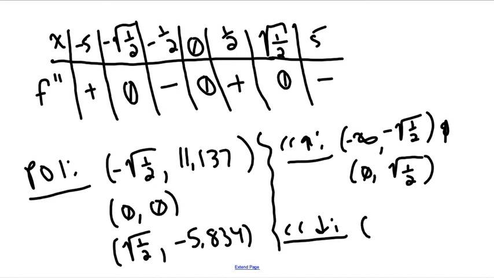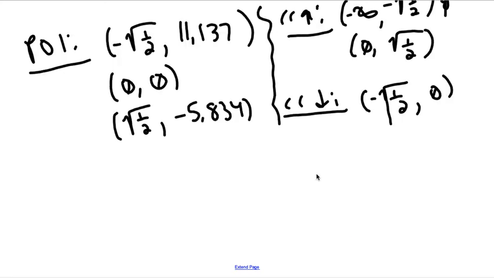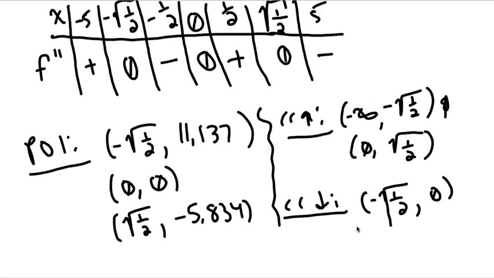So negative square root of 1/2 up to 0, and then square root of 1/2 to infinity. All right, so there we go. That's what we should get there.